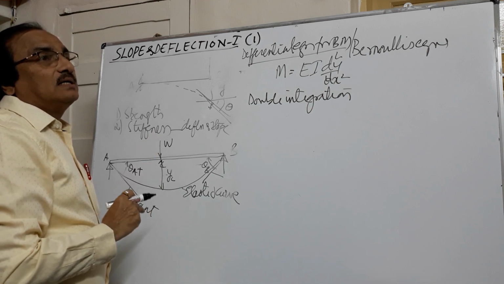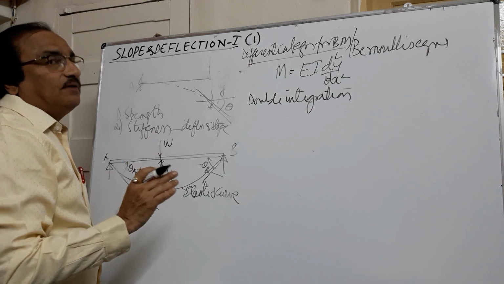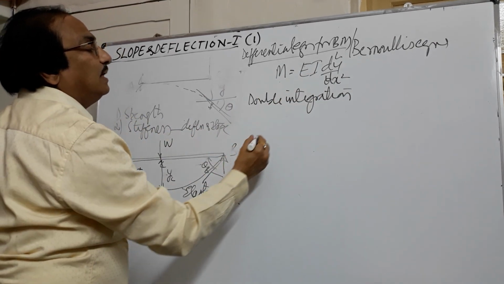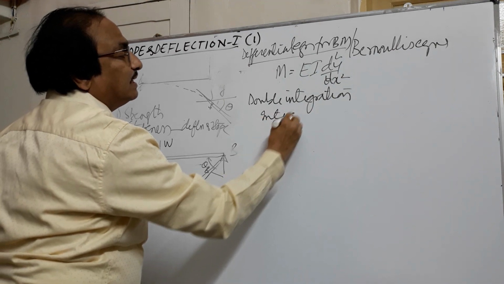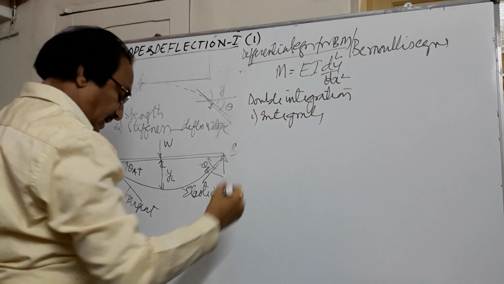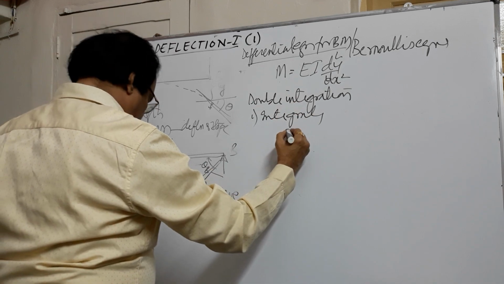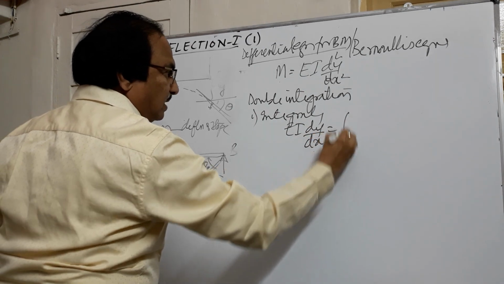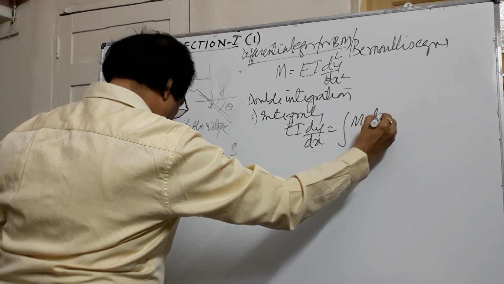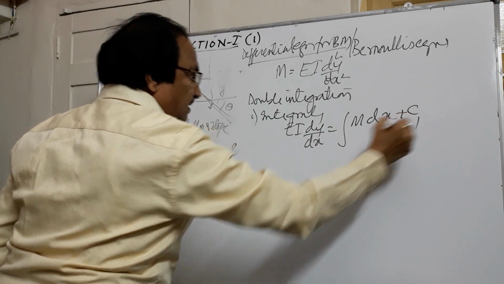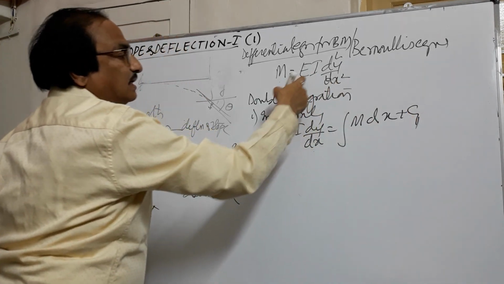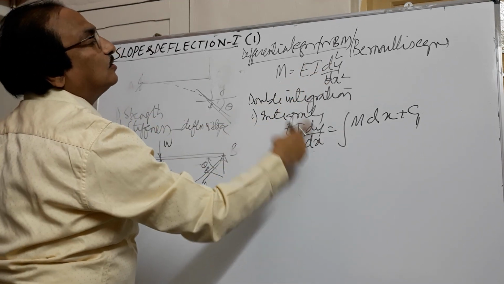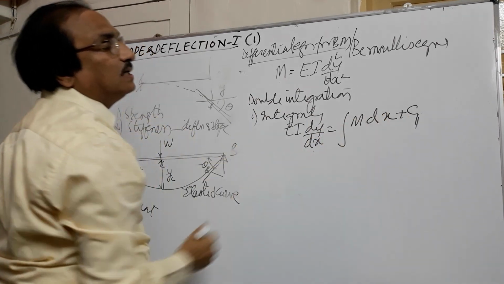In this chapter, we are interested to find out the slope and deflection. Now we have an equation for moment, M equals EI d2y by dx square. If I integrate it, you get EI dy by dx equals integral M dx plus c1. So I have integrated this equation once. Integration of d2y by dx square will be dy by dx equals integral of M dx plus c1.